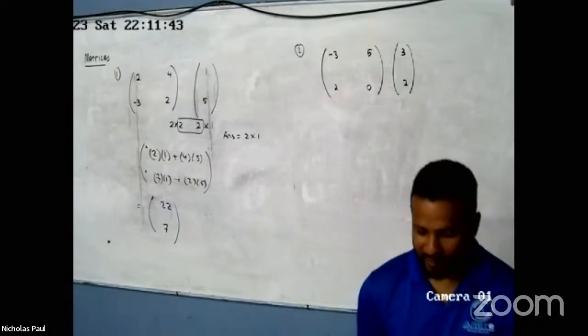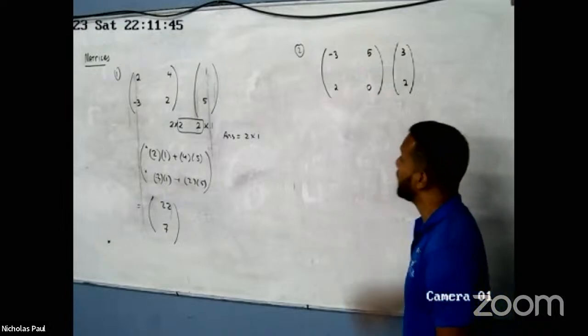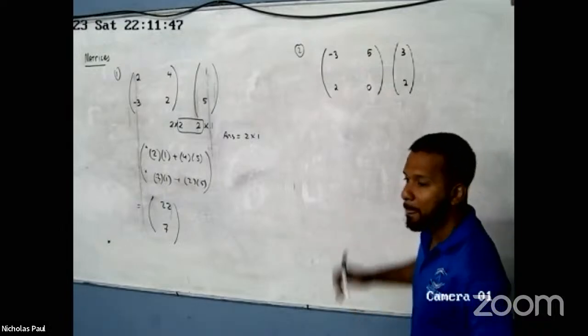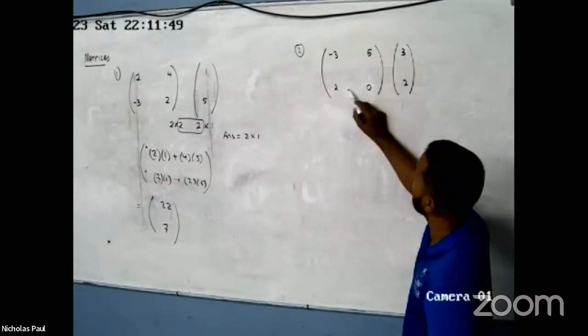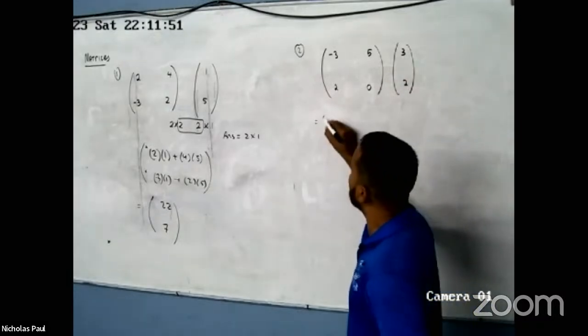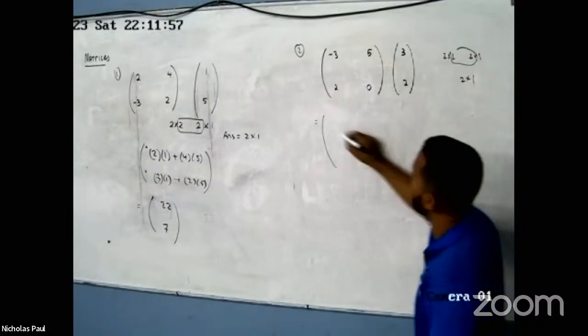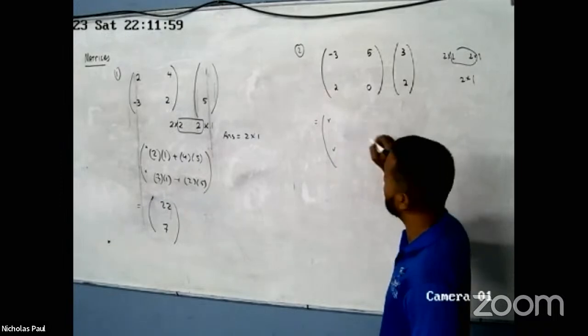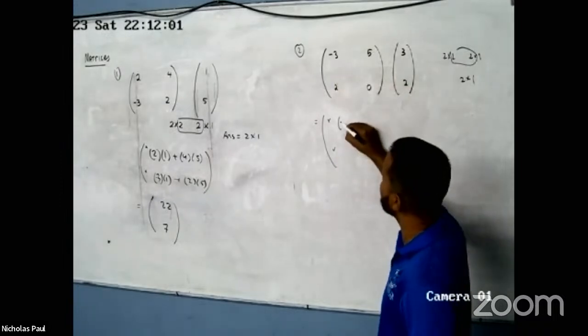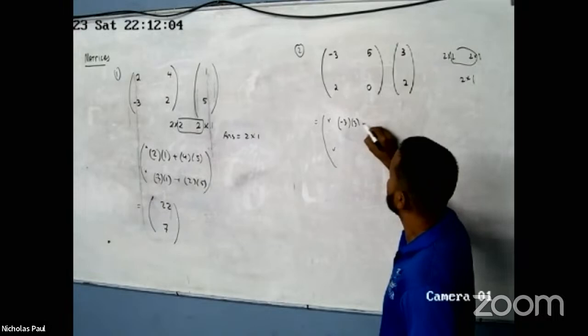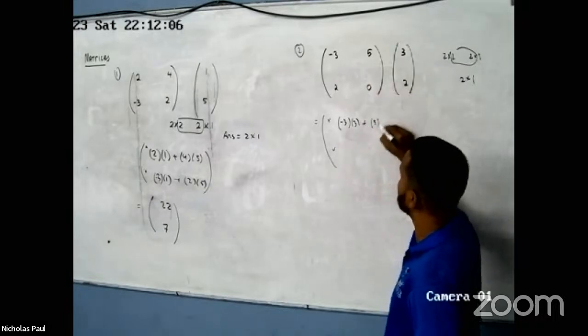All right. Let's check it out and see. So remember, it's row by column, right? So I have a 2 by 2 by a 2 by 1. These are the same. The answer is 2 by 1, right? 2 rows, 1 column. Minus 3 by 3 plus 5 by 2.